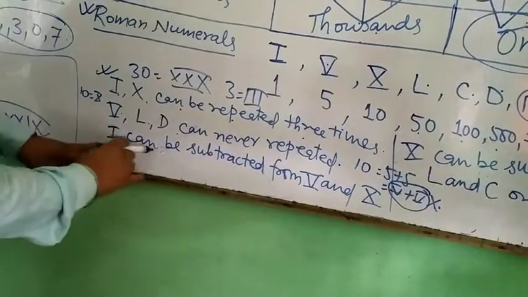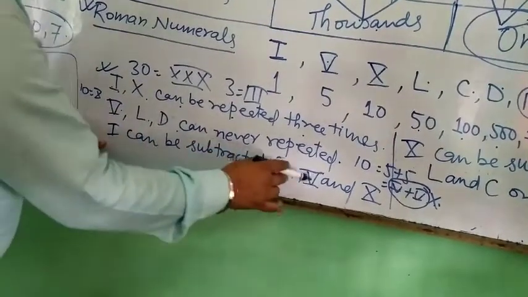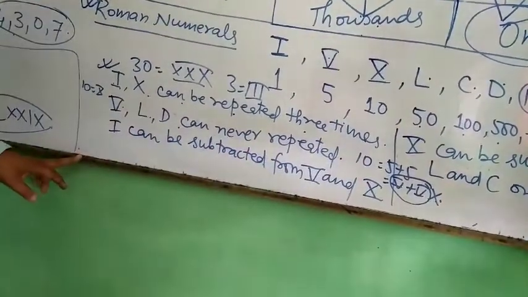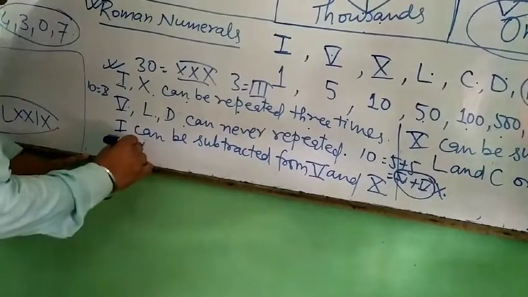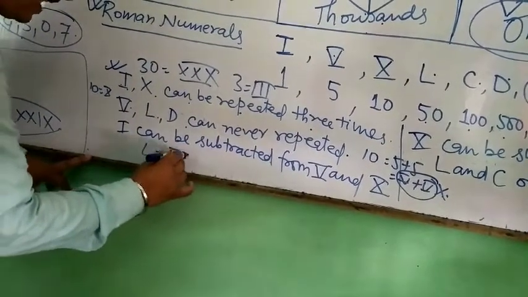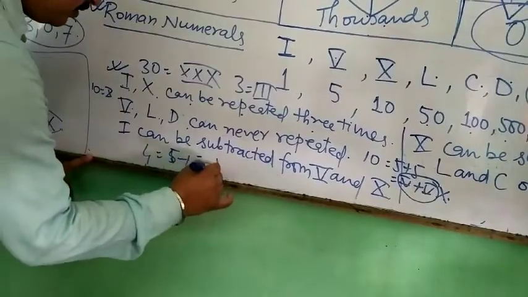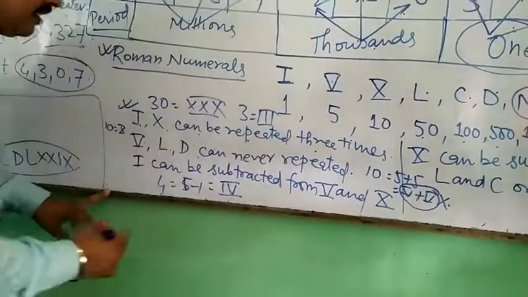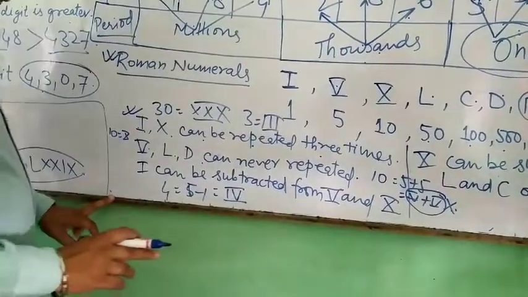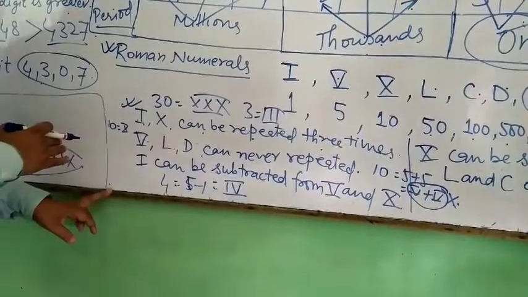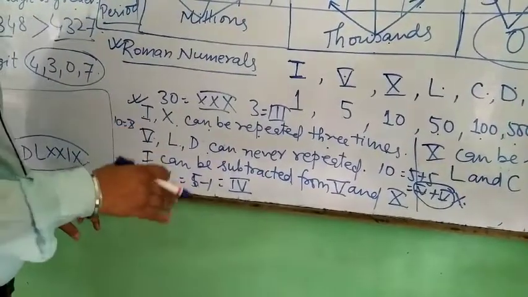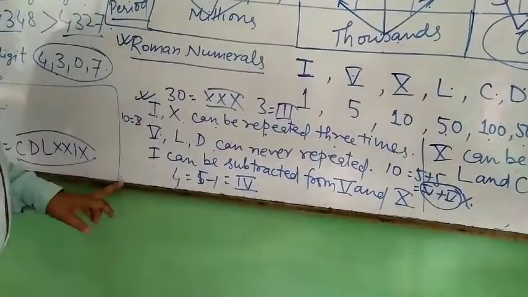Next, I can be subtracted from V and X only. That means 4 is 5 minus 1, that is V minus 1. The subtracted amount should be written on the left side of the number and the added amount should be written on the right side of the number.